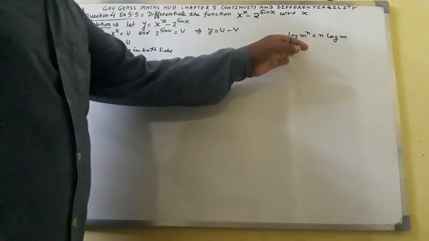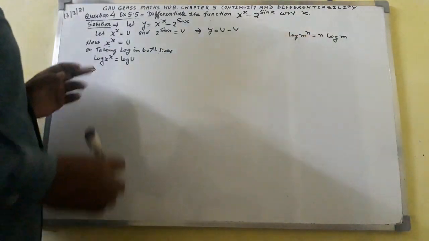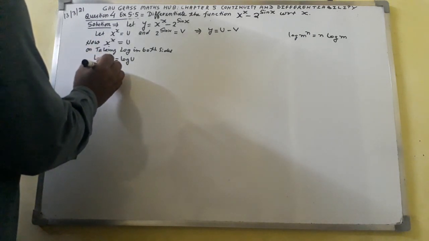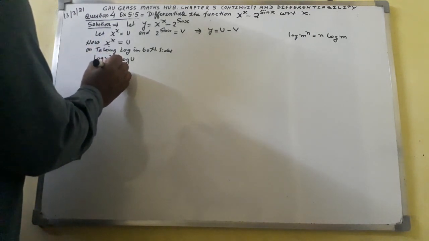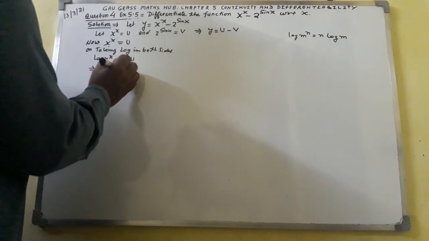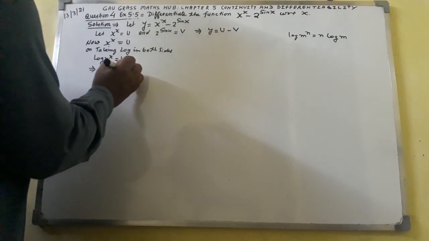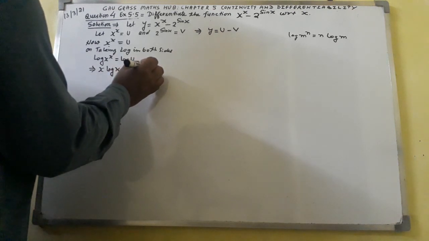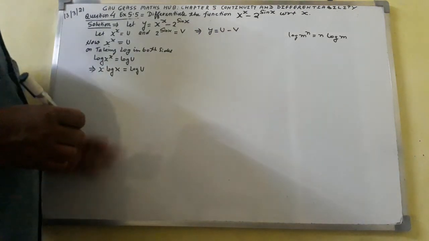By applying this formula, log x raised to power x will become x log x equal to log u. This thing you have got.